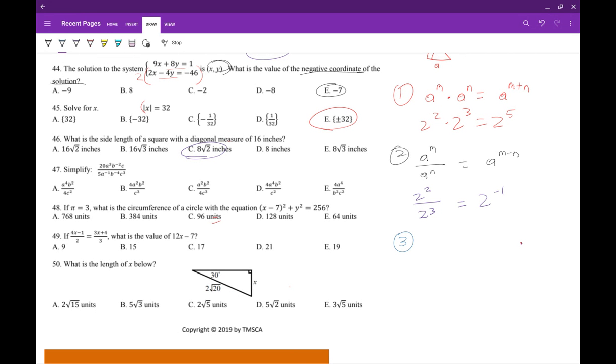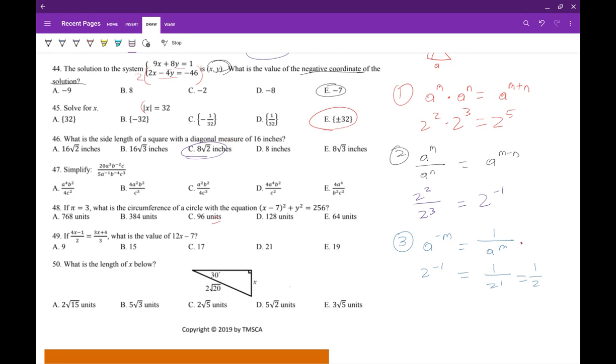If something is to the power of a negative exponent, a^(-m), that's equal to 1 over a^m. So you flip it. If you had 2 to the power of negative 1, that's equal to 1 over 2 to the power of 1, which is 1/2.